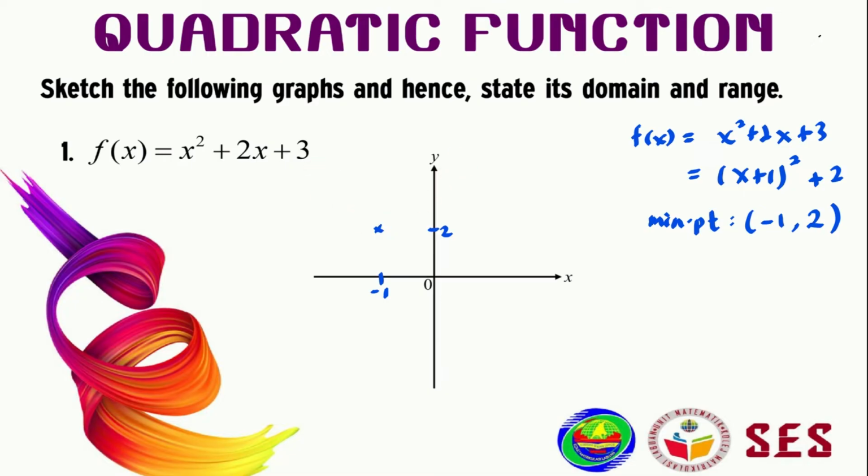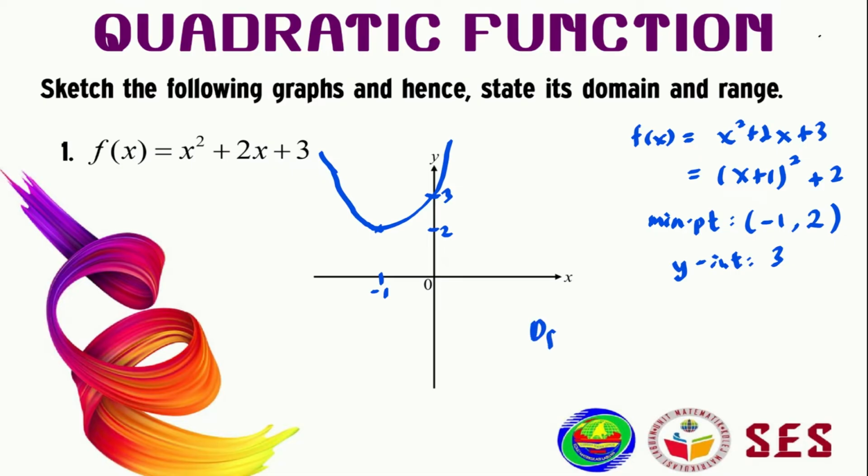We also have the y-intercept for this case, which I hope you already spotted, which is this 3. The shape is the smile shape, so let us sketch the graph now. We need to make sure that it passes through the y-intercept 3, and that's it.